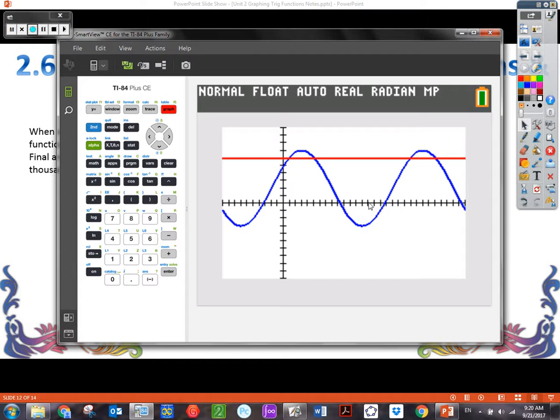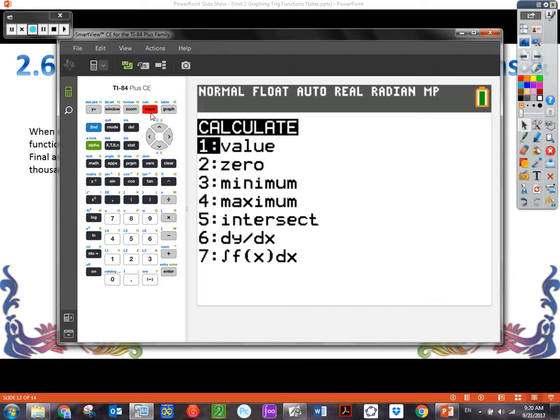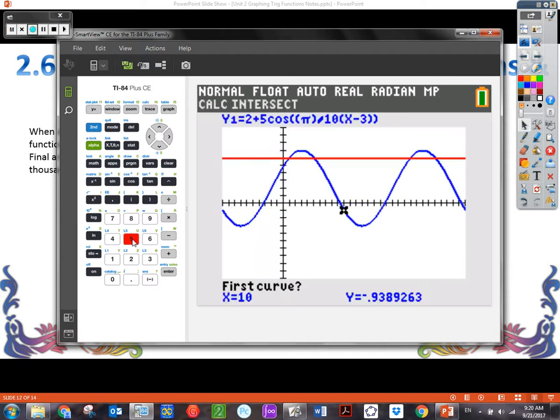So I'm going to do second calc, intersect, number 5. One thing I want to point out is that right now my cursor is on the trig function, and it takes a long time to scroll on that, doesn't it?